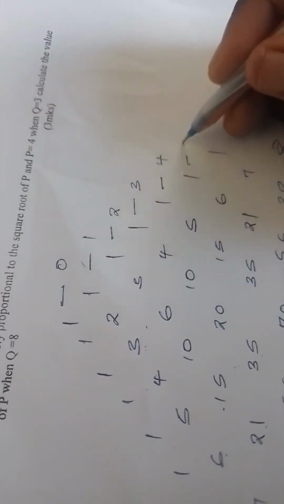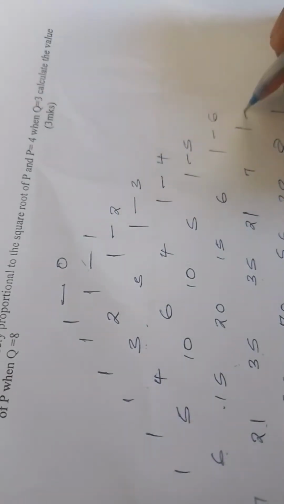This one, when the power is 0, you start from 0, 1, 2, 3, 4, 5, 6, 7, 8.